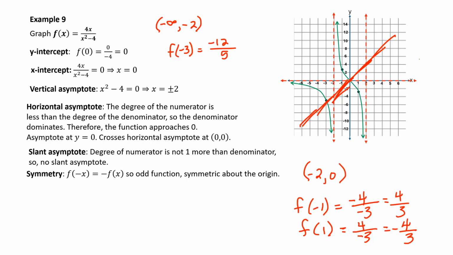So we do know that, but we can still check a point. So if we try f of 3 in our function, we're going to have 12 over 9 minus 4, which is 5. So 12 fifths, and that's right there. So we know, and it is approaching the asymptotes. So it looks like that.